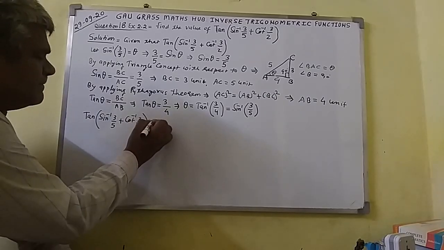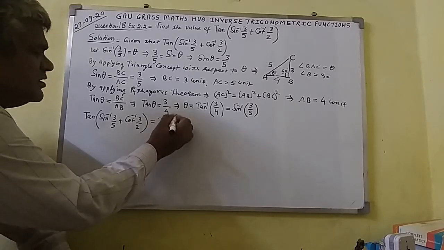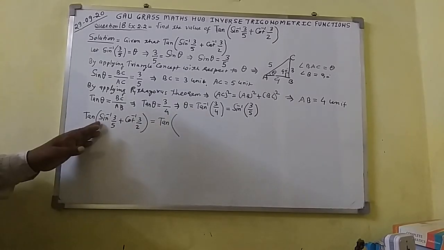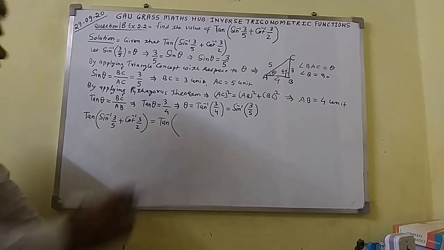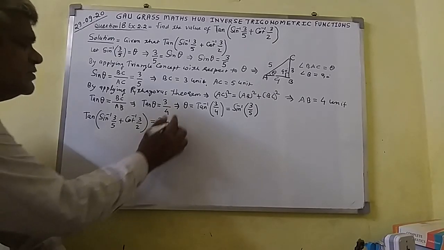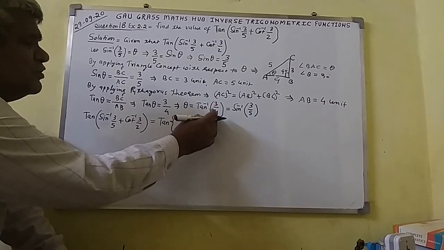Equal to tan in bracket, in place of sin inverse 3 over 5 I can write tan inverse 3 over 4.